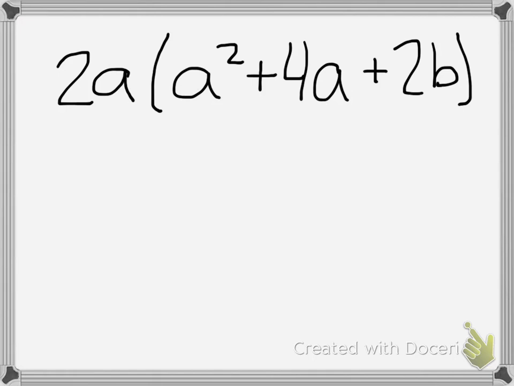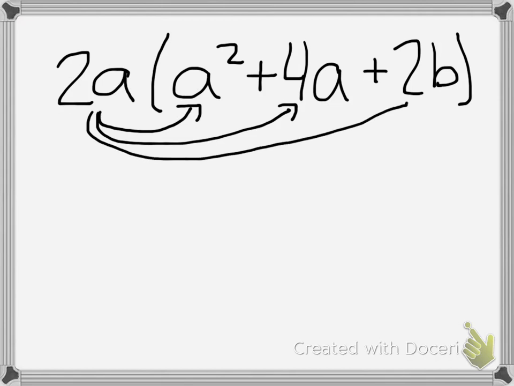That's a perfectly nice piece of multiplication. Like we've been saying, we have to multiply the thing on the outside by each of the things on the inside. Now we have 3 things on the inside. Actually, let's make one of these minus, just to make it a little more exciting. A squared minus 4a plus 2b.